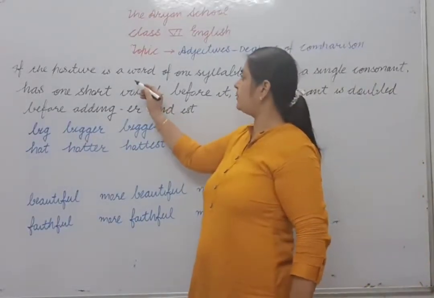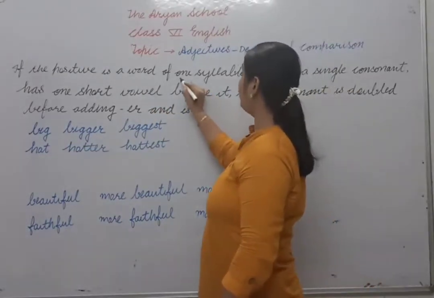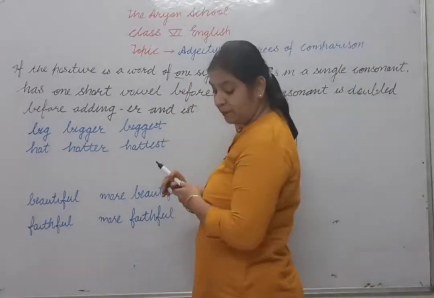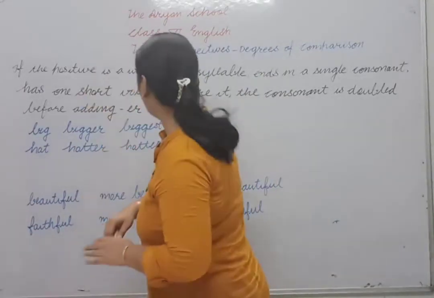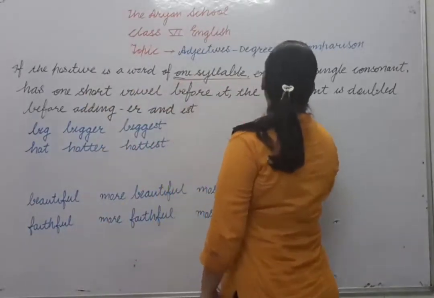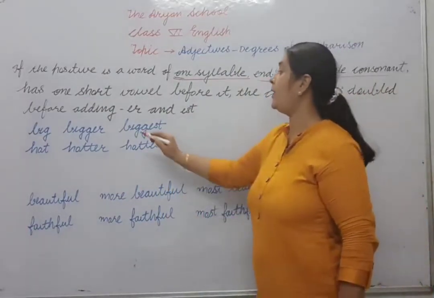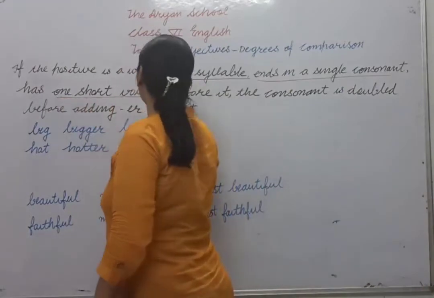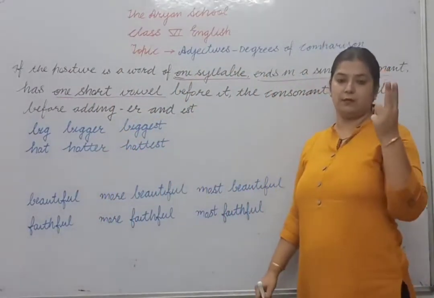If the positive degree is a word of one syllable, one very important thing, one syllable. Here it is used: one syllable, ends in a single consonant, has one short vowel before it. Three things are there.